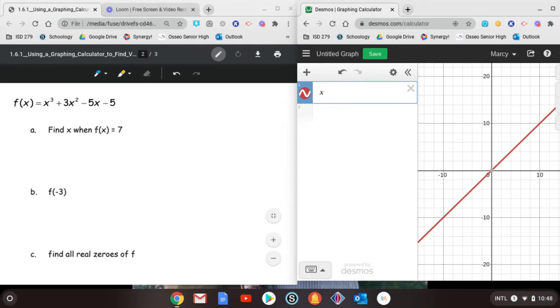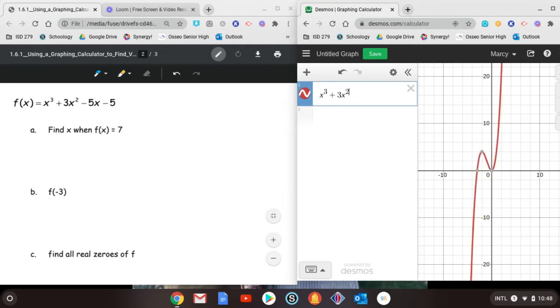So x, and then I use the caret button, which looks like the upside down V, to the third, and then I just hit arrow over, plus 3x, and then I have to squared. I just hit arrow over to get off of the exponent, minus 5x minus 5. So here's my graph.